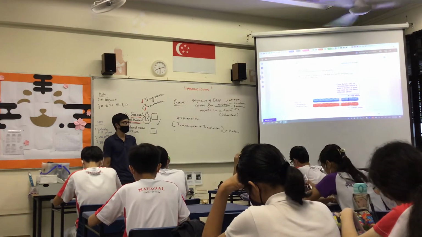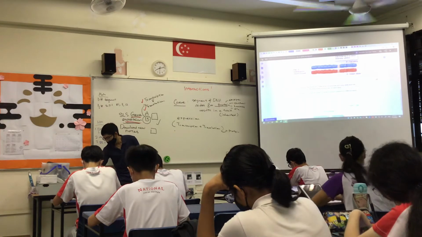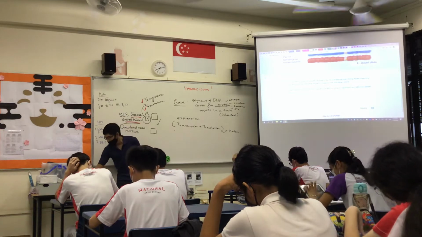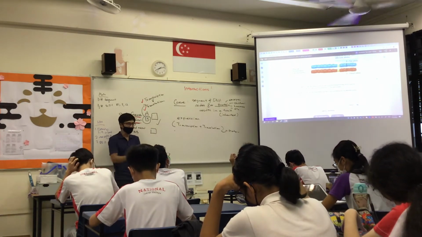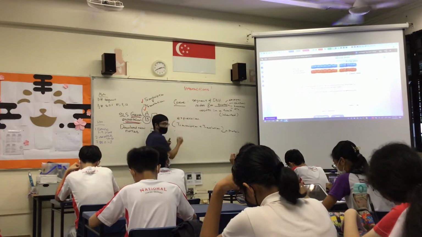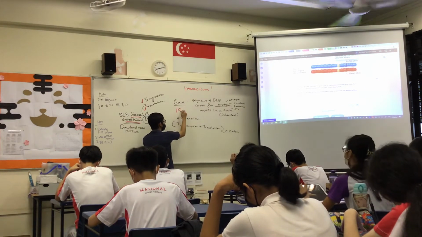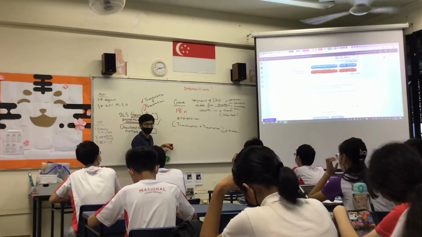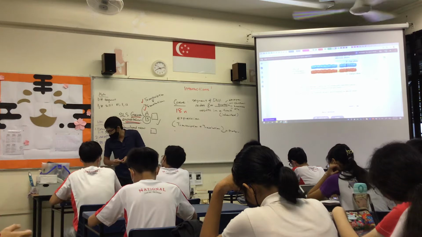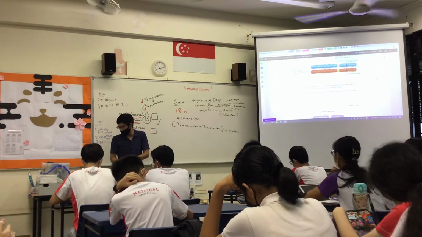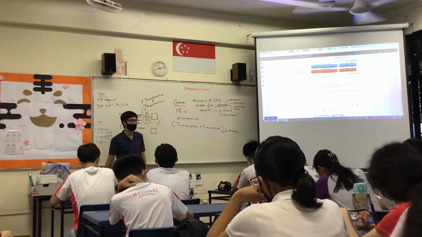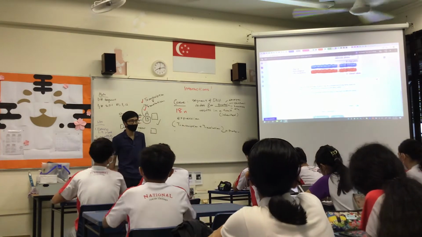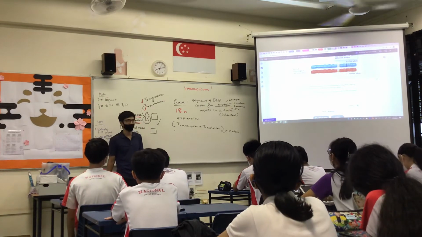Question 1 wants you to pretend that this particular gene is 18 nucleotides long. You know what a nucleotide is? Remember? Well, we'll find out soon. Then they ask you to write down the sequence for the tall allele and the sequence for the dwarf allele. What does it mean to write out 18 nucleotides, tall allele, and dwarf allele?